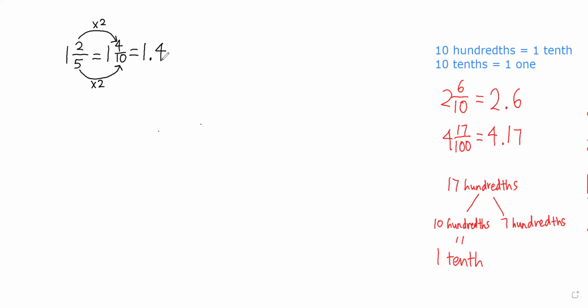Let's look at another example. Let's say I have 3 and 1/2. I want to convert this into a decimal. Okay. Currently, I can't do that because my denominator is not 10 or 100. So what I will need to do is convert my denominator into 10 or 100.